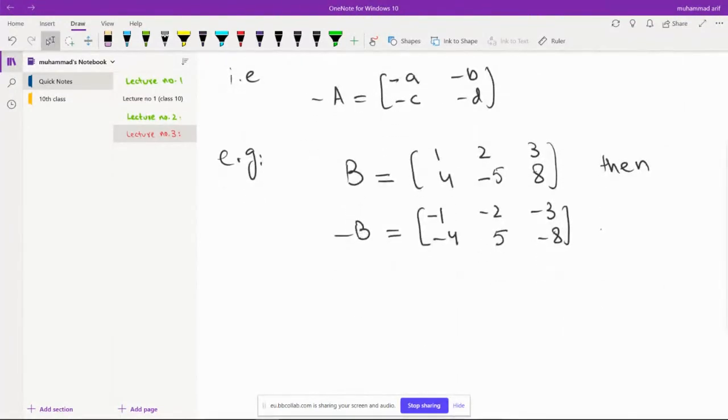Now we come across the next definition, transpose of a matrix.